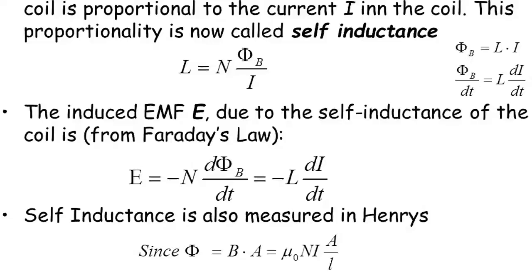Lenz's law states that induced electromotive force, EMF, gives rise to a current whose magnetic field opposes the original change in magnetic flux. The magnetic flux passing through the N turns of the coil is proportional to the current in the coil. This proportionality is called self-inductance.